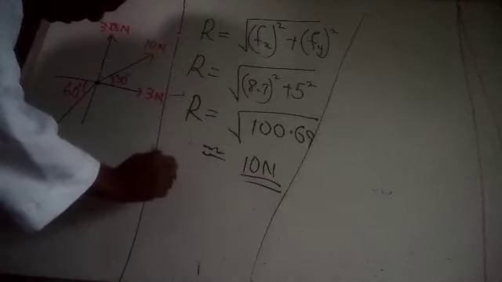Now the last stage is we want to find the direction of the resultant, which I've given you in the last video, that tan theta is equal to Fy over Fx. So I'm going to substitute this now. My Fy is 5 and my Fx is 8.7.